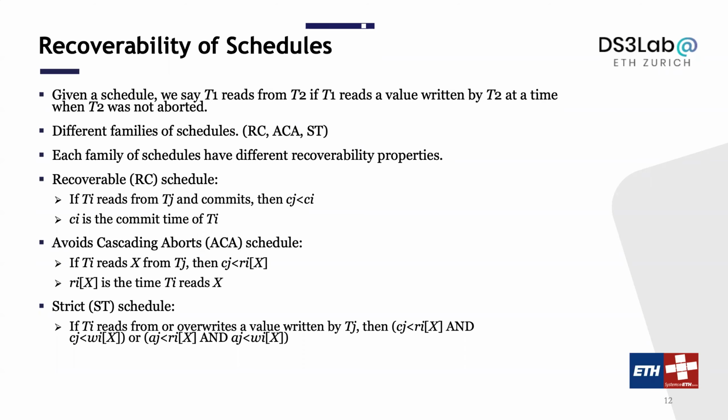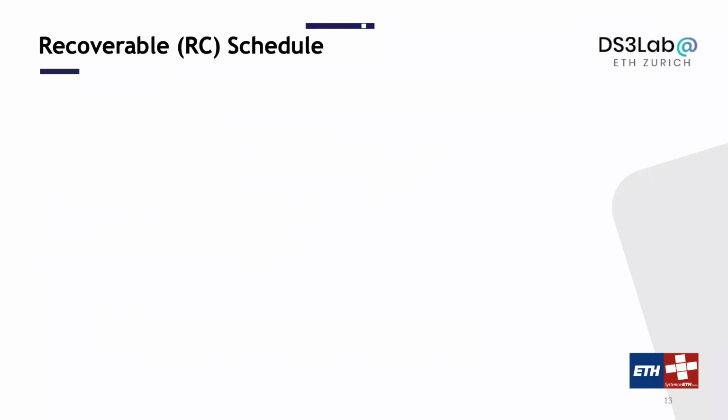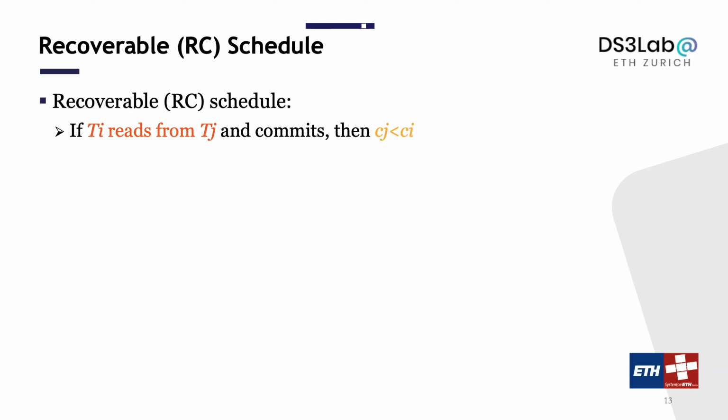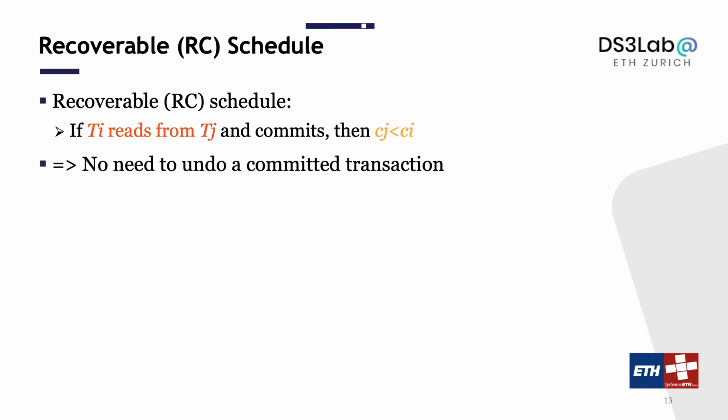So this is all very abstract, but let's look at some examples to understand what we are really trying to capture with these three families of schedules. Let's look at the recoverable schedule. Here's the definition: if Ti reads from Tj and commits, we want to make sure Tj commits before Ti.